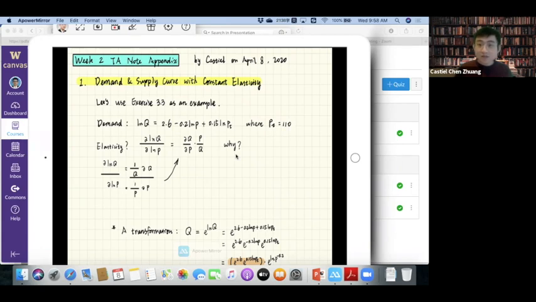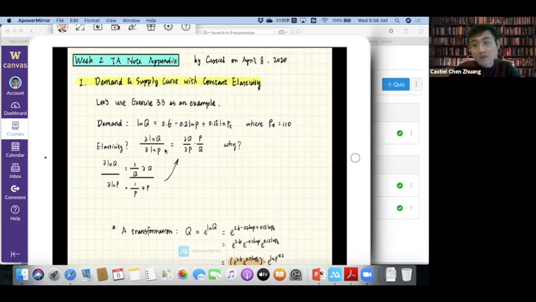You will have to decide which one to use depending on which one is easier to calculate. By looking at this equation, you can see that Q and P are in terms of their natural log. So we would like to use the left-hand side here. We would like to just take the derivative of log Q with respect to log P.